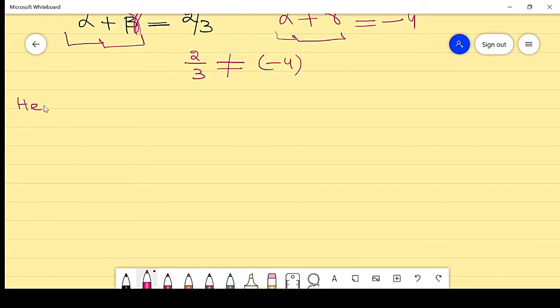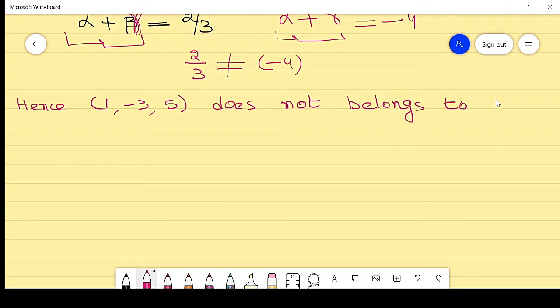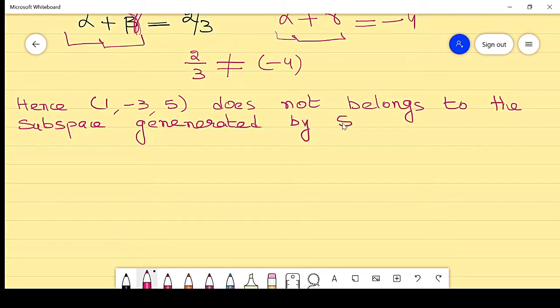Hence the vector 1, minus 3 and 5 does not belong to the subspace generated by S. So it is again a question of linear combination.